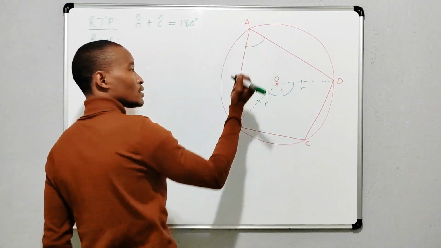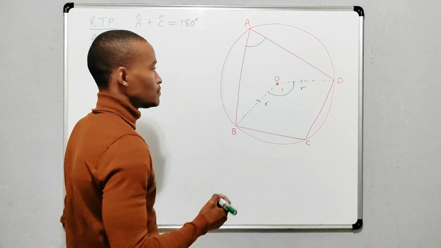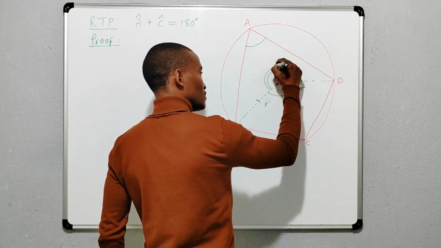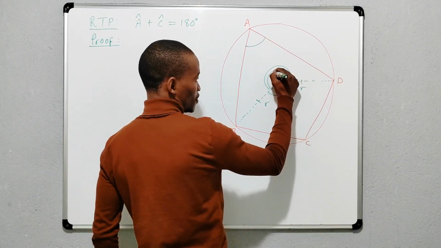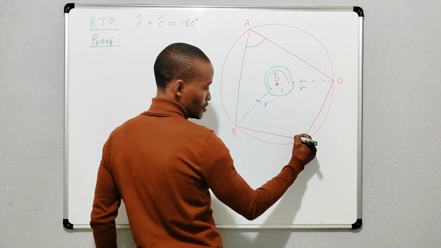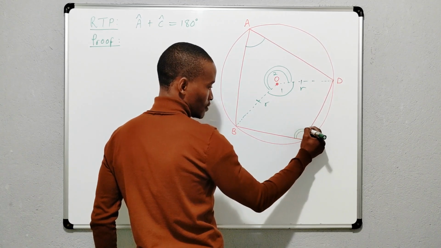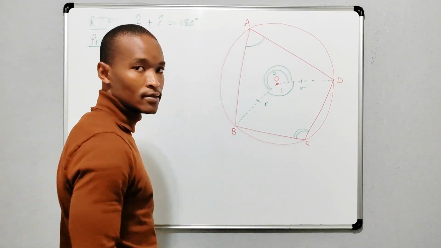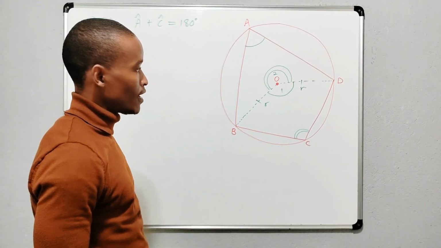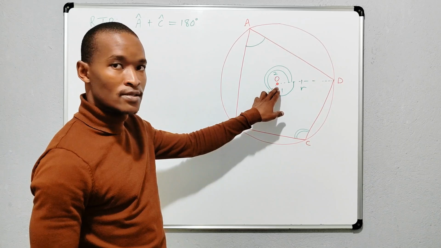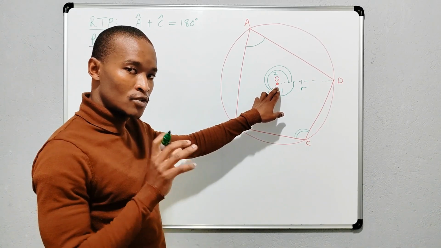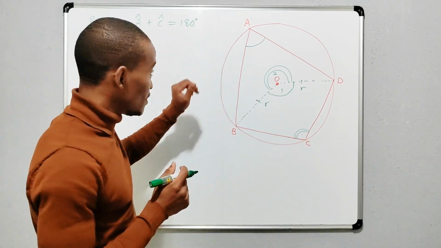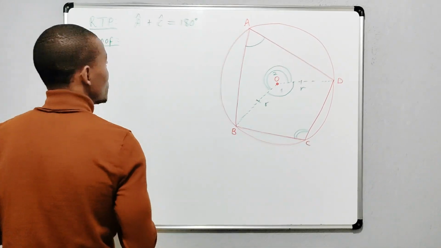It is 2 times angle A. We also have seen that this angle, we're going to call it O2, is related to this angle. Angle O2 will be 2 times angle C. Okay? And then angles around the point is 360. If you have the 2 there and the 360 divide by 2, are you going to get the 180? Yes. So that is the essence of this guy.